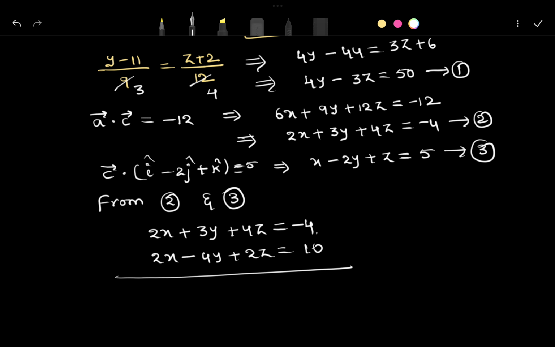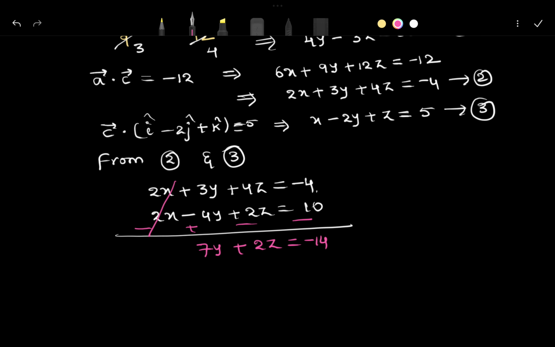Right? Now subtracting this one, minus plus minus and minus, these two will cancel. 7y plus 4z minus 2z, that is 2z, is equal to minus 14. So 7y plus 2z equals minus 14. You take this as equation 4.